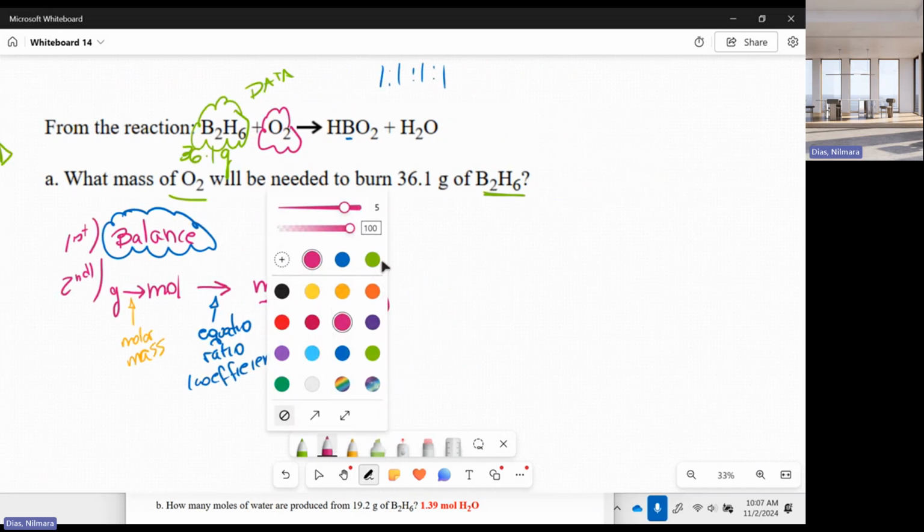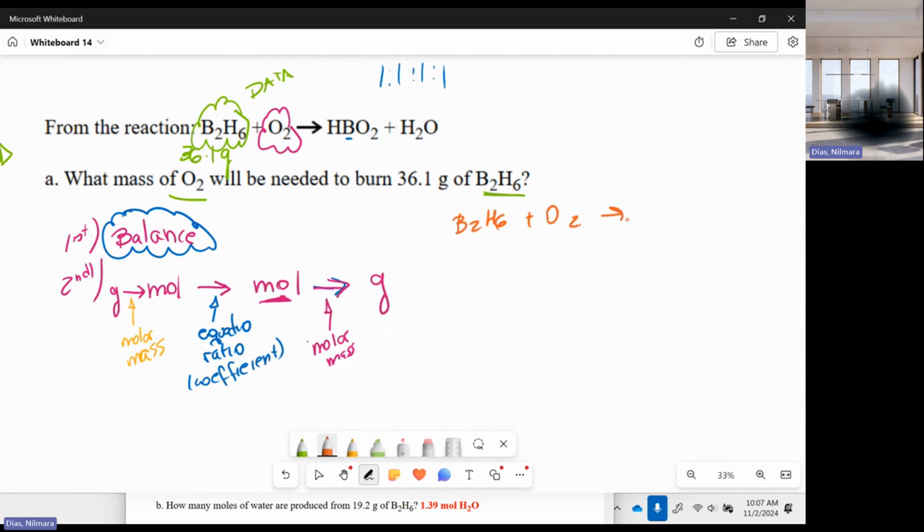So we're gonna copy this equation here to work better with you. So we have B2H6, O2, and I have B2O3 and water, right? On this side, I have boron, hydrogen, and oxygen, and on this side, I have boron, hydrogen, and oxygen, right?